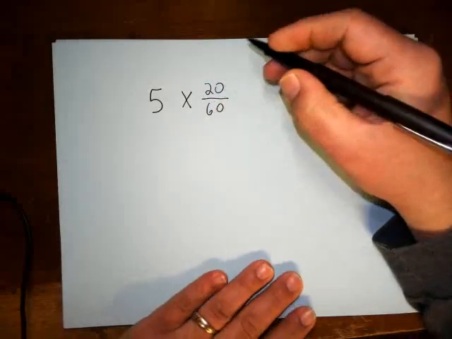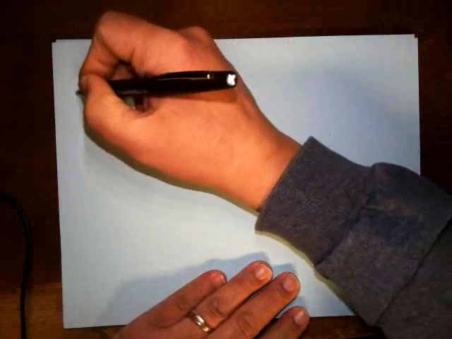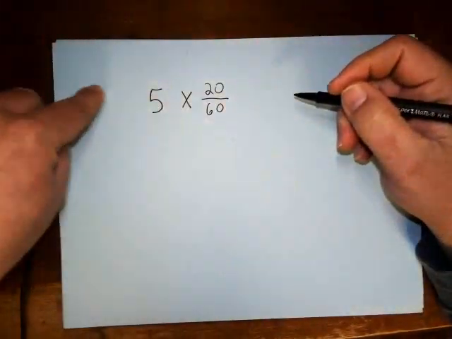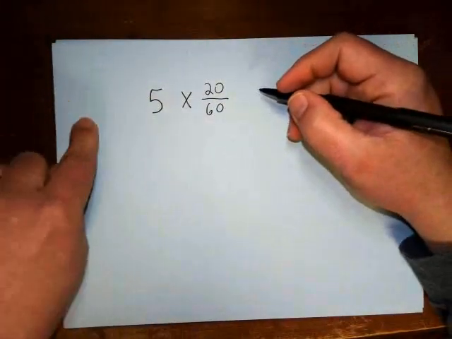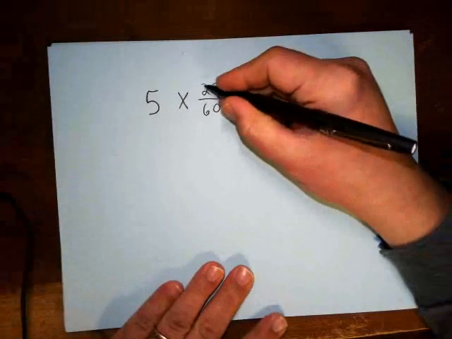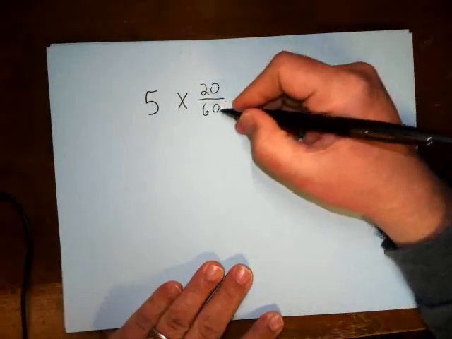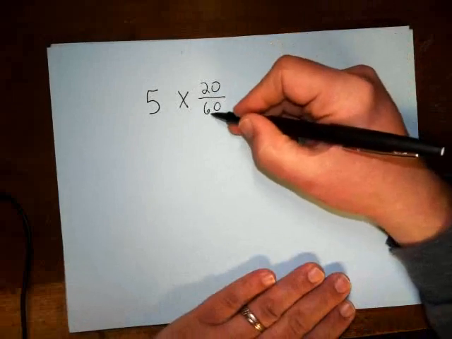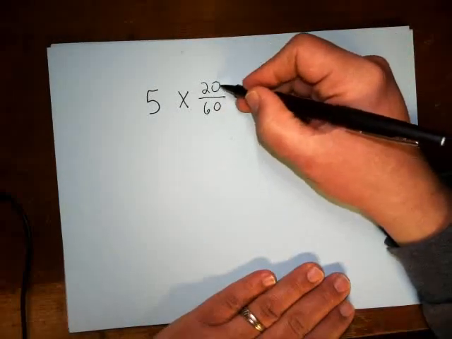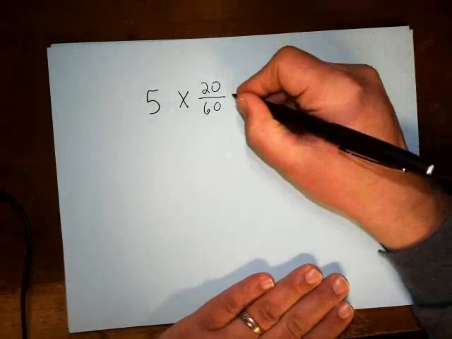It's like taking an hour, dividing it into 60 pieces, like a pizza into 60 pieces, and I'm taking 20 out of those 60 pieces. 20 is the numerator, 60 is the denominator, so 20 60ths of an hour. That'll reduce down to 1/3 of an hour, right?